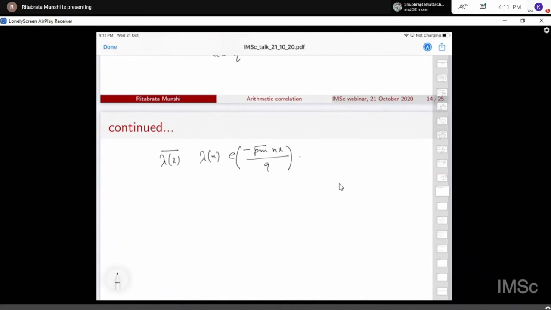And then we have a sum over P, which is a little involved, which is not just a tau sum.